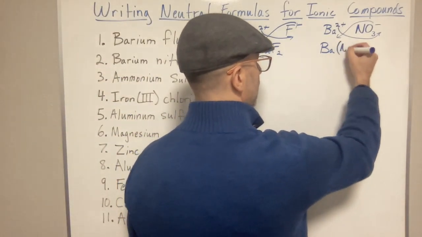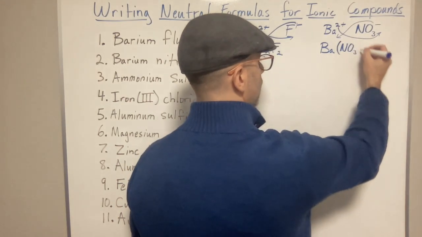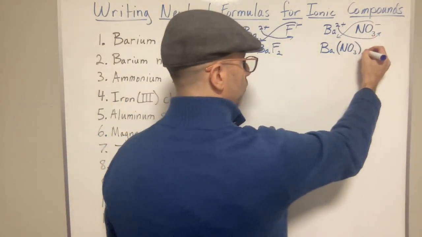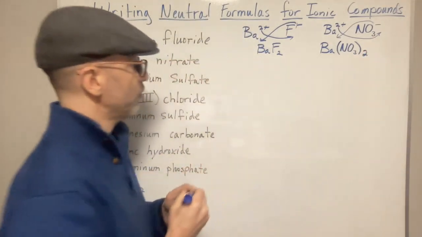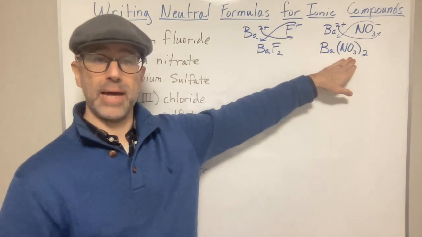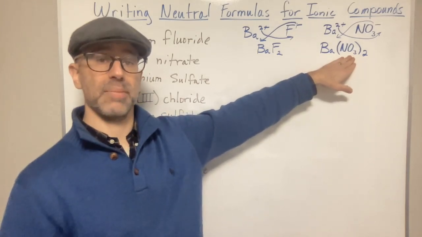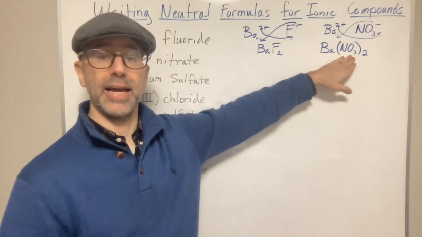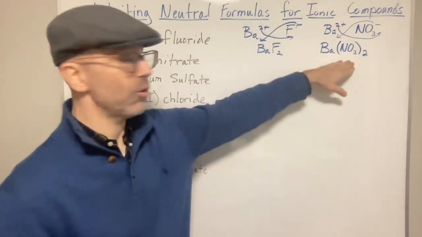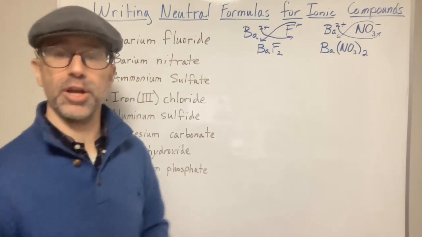So we're going to put the NO3 inside the parentheses, and then outside the parentheses is the 2. And so what that indicates is that we have 2 NO3- ions, so 2 polyatomic ions, 2 nitrate ions, to balance the charge of the barium. So this is our formula for barium nitrate.